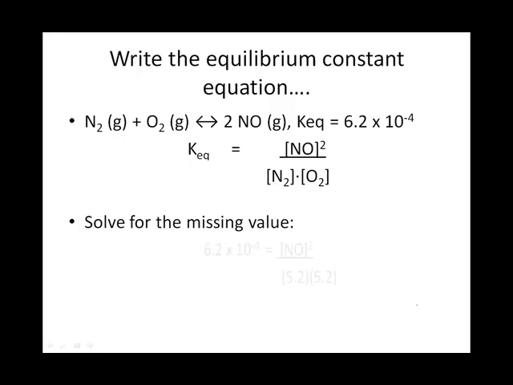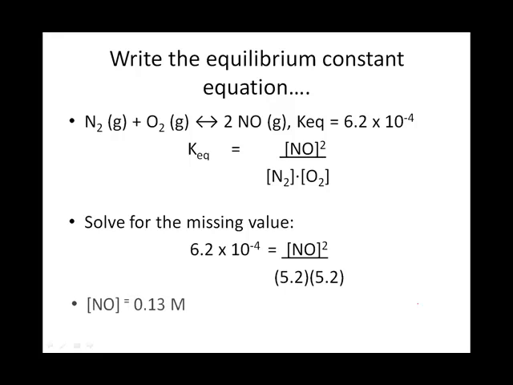We plug in our values, okay, and then we solve for the missing one. When we solve for the missing one, we get the concentration of NO to be 0.13 molar. Don't forget, since you have this squared, in order to get rid of the square, you have to take the square root.